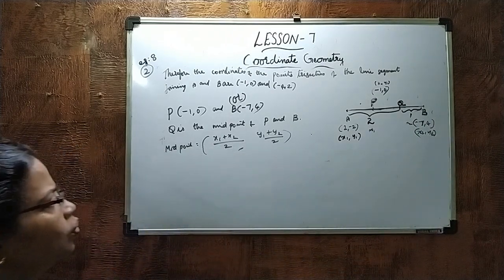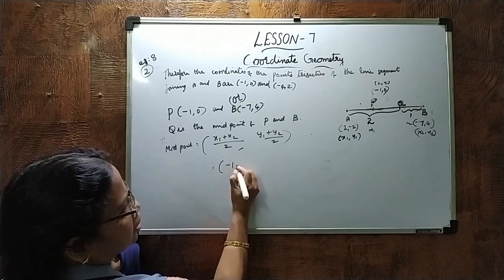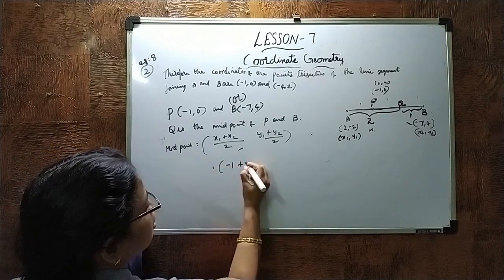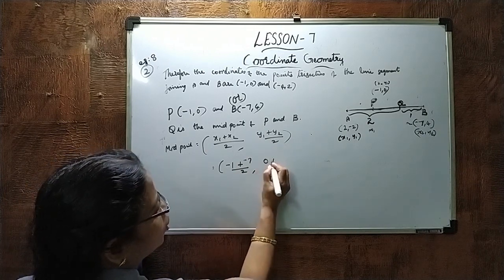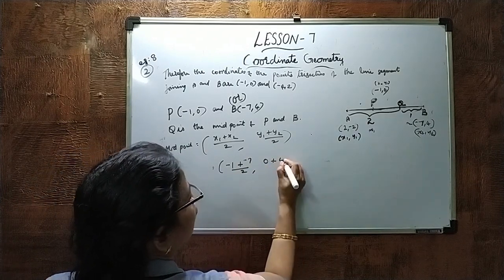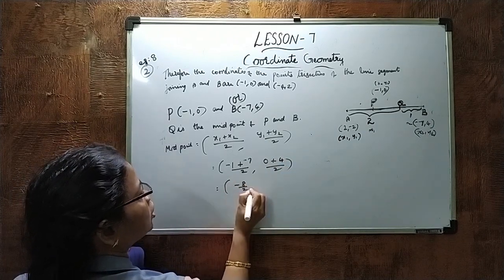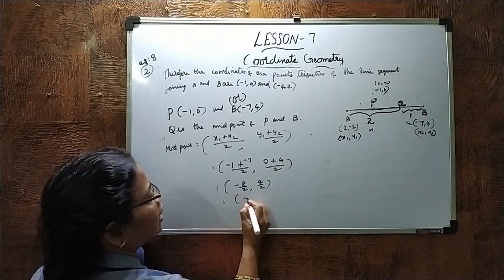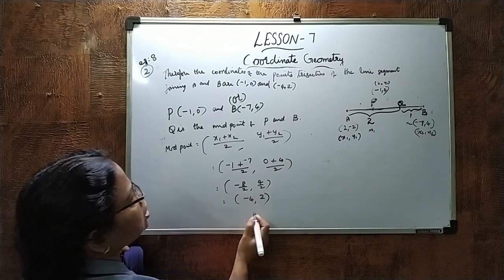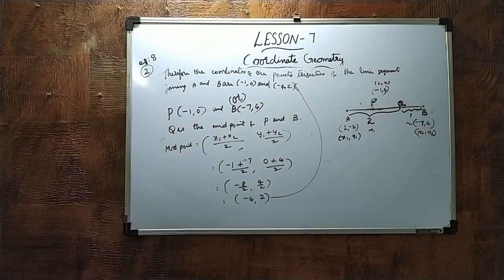Now x1 plus x2 by 2: x1 is negative 1 plus x2 is negative 7 divided by 2, and y1 is 0 plus y2 is 4 divided by 2. So it is negative 8 by 2 and 4 by 2. You will get the answer negative 4 and 2. Just look, you got it as Q, right?